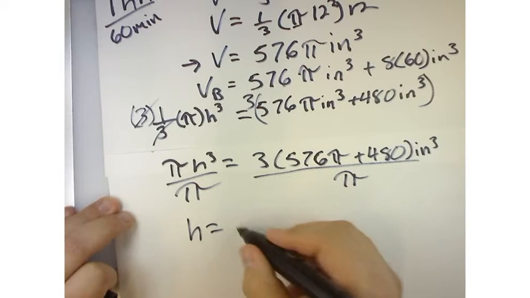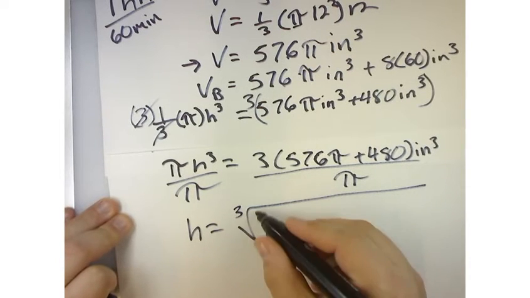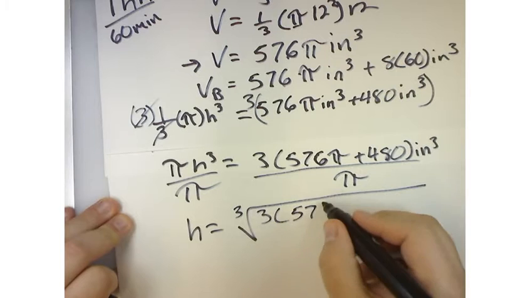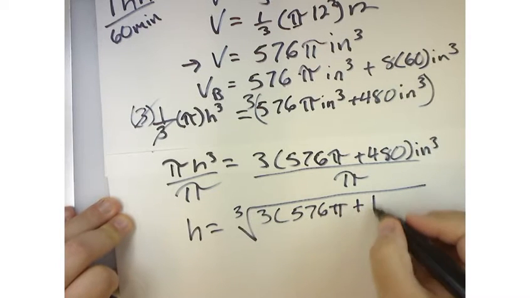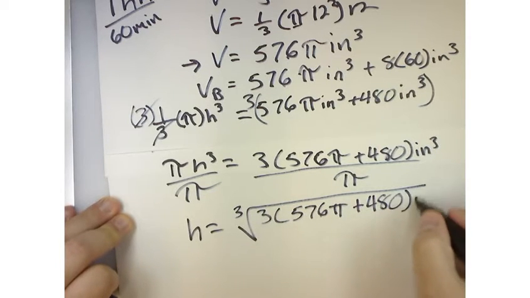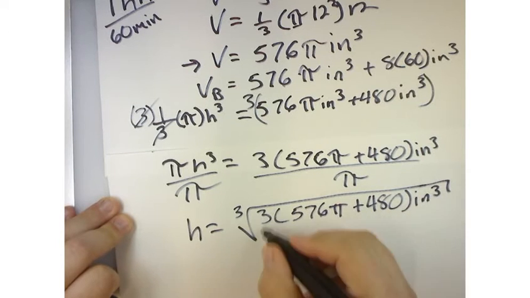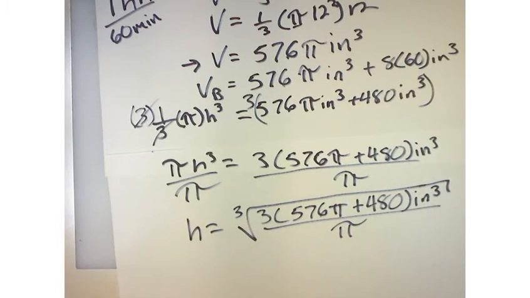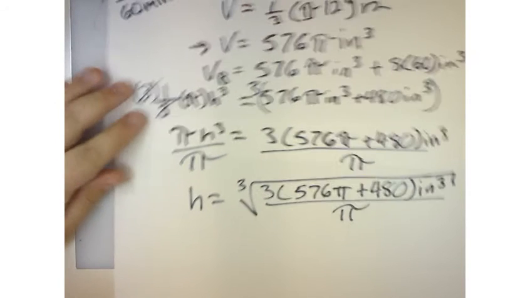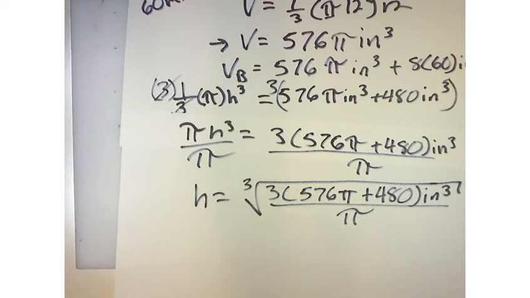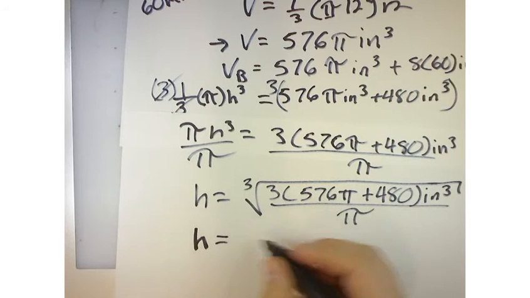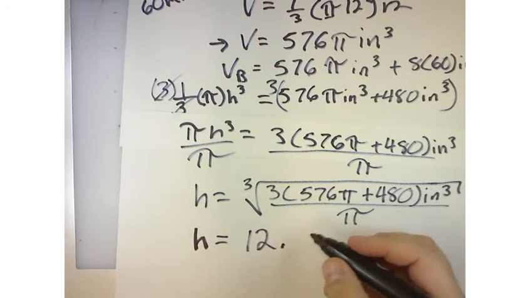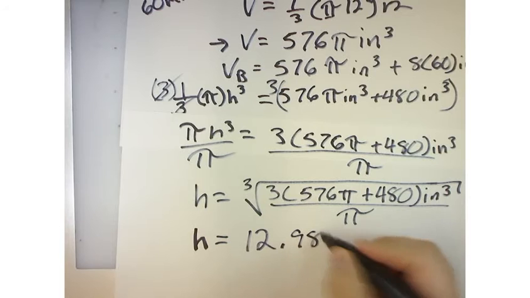And the last step would be to take the cube root of all this stuff. So h equals the cube root of 3 times 576 pi plus 480 inches cubed, all over pi. Now if you crank through the math, your final answer is that h is equal to about 12.98 inches.